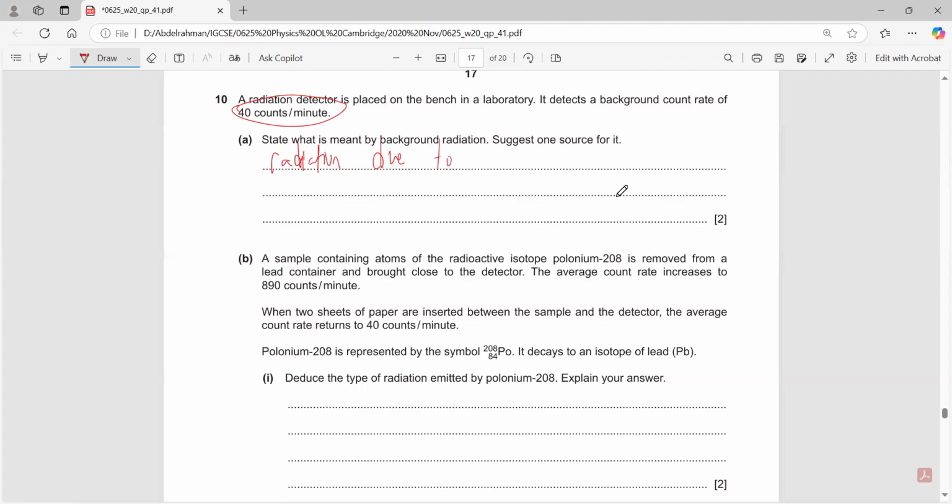Let me write it another way: radiation that's always there due to things inside this environment, such as rocks and buildings, and the sun, and the cosmic microwave background radiation in unit 6, CMBR. There are so many sources of background radiation, like radon gas, which is quite radioactive.